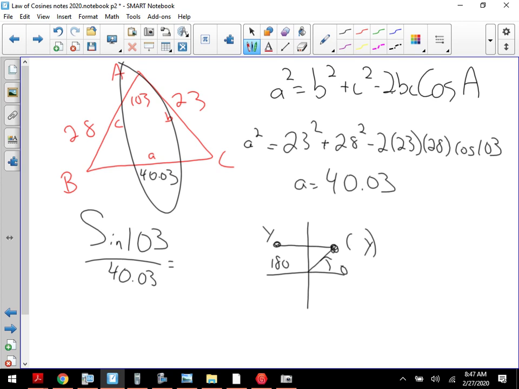So if this is a 30-degree angle, the 150-degree angle has the same sine value because they're reference angles, the same distance off the x-axis. So a 30-degree angle could also occur with a 150-degree angle, and sometimes if the other side lengths match, you can wind up with multiple triangles.